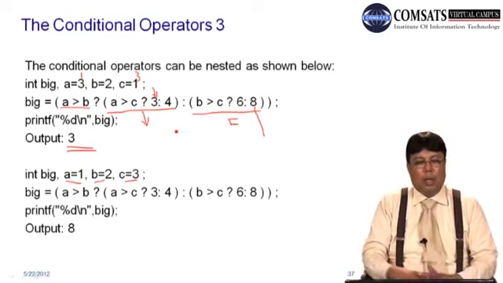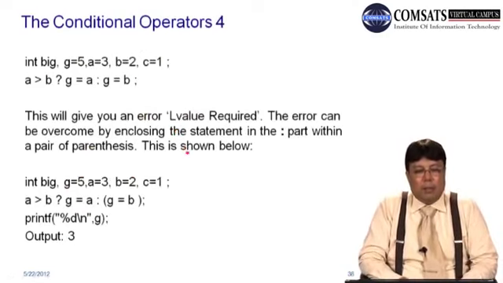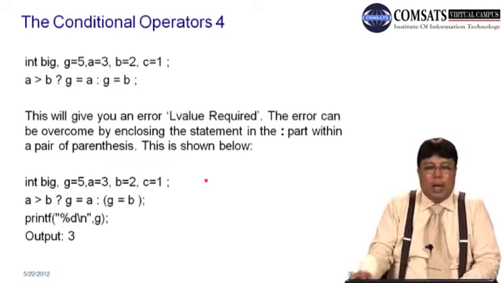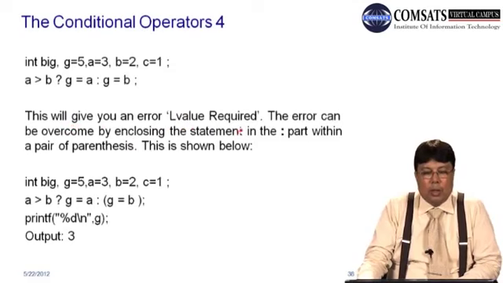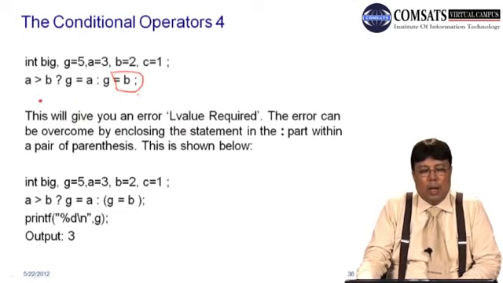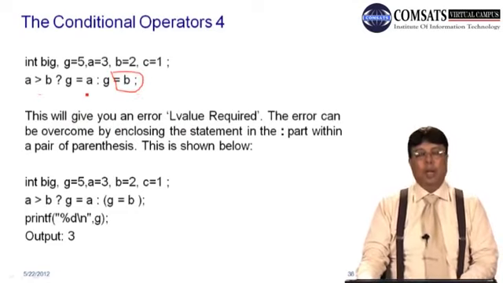Conditional operator 4. If A is greater than B, question mark, G is equal to A, question mark, G is equal to B. Here, it will give you an error message which will say that L value required, because here it is finished. Okay, it will say G. A is greater than B, question mark, G is equal to A, else G, whatever the value of G is.